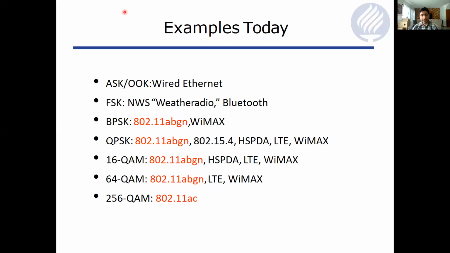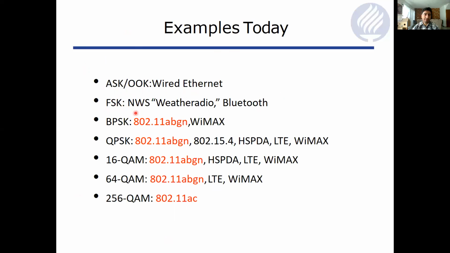So in today's networks, we're using different modulations. You remember we mentioned ASK and on-off keying, or amplitude shift keying and on-off keying. It's used in wired Ethernet. FSK, or frequency shift keying, we are not really using anymore in modern wireless systems.